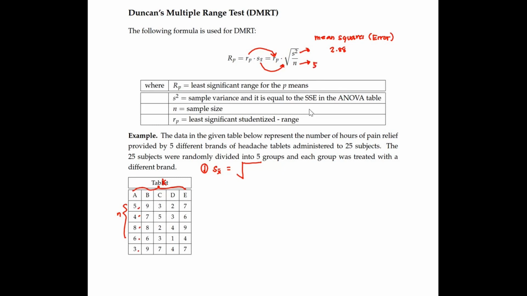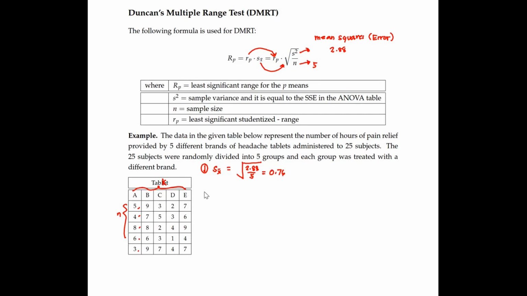So that is 5. To compute that, we have the square root of 2.88 divided by 5, and that will give you 0.76.